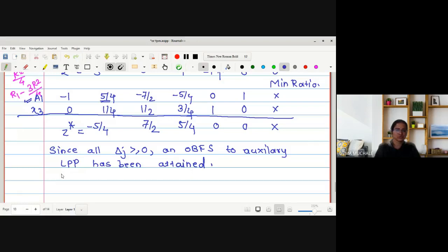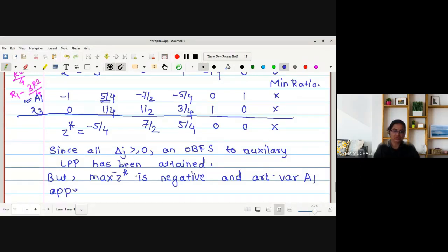Optimum basic feasible solution obtained, but maximum Z star is negative and an artificial variable A1 appears in the basis at positive value. What is its value? A1 is 5 by 4.